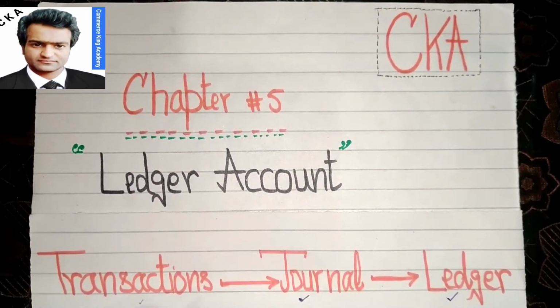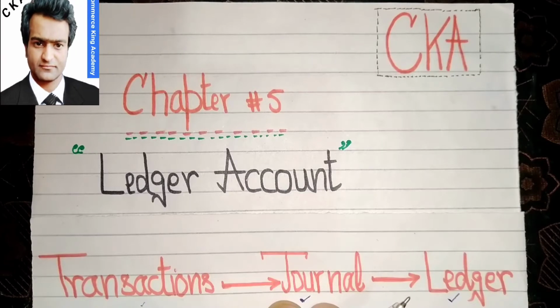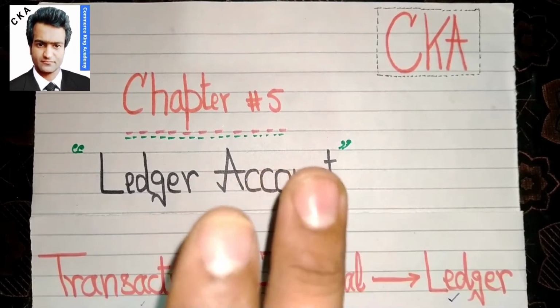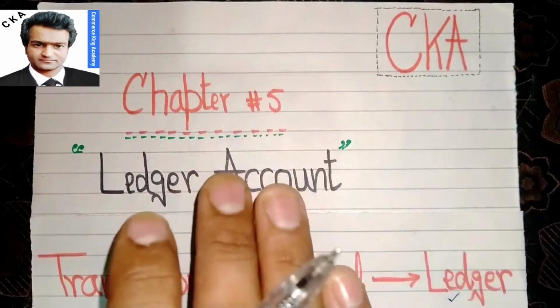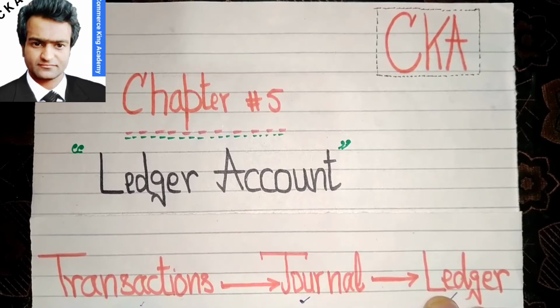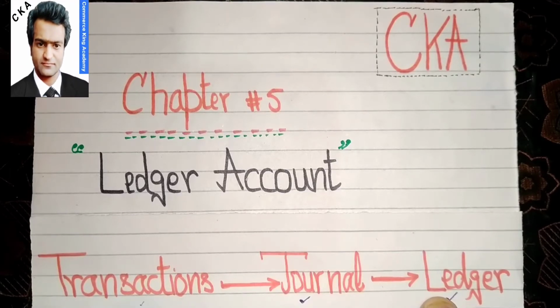After the discussion on business transactions and their entry into the journal in 2 types of format, manual system and computer-based system, now we are going ahead to the ledger account. Ledger or posting to ledger accounts.